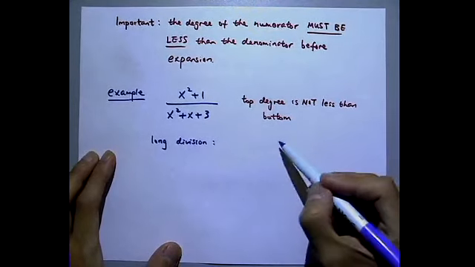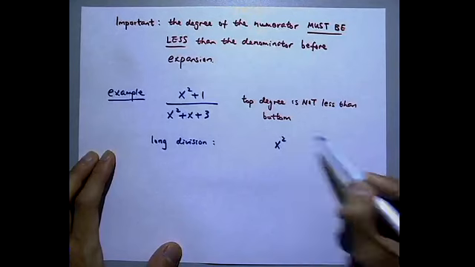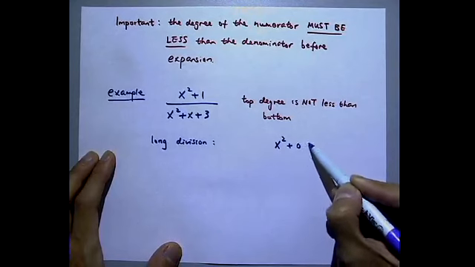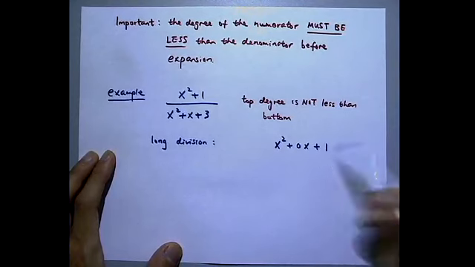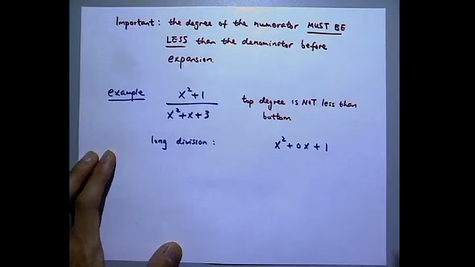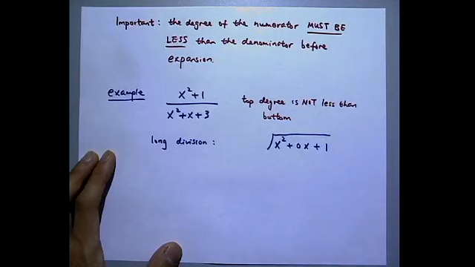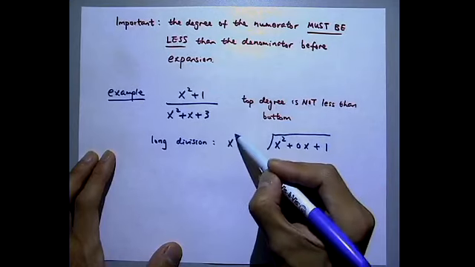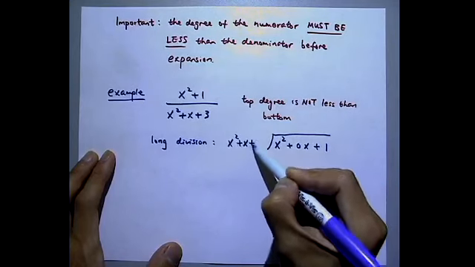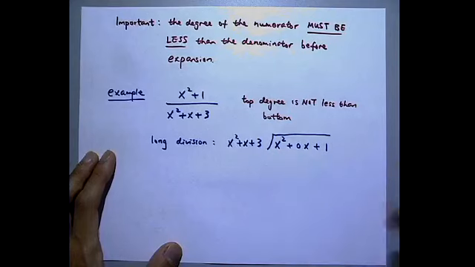Let me take the thing on the top. It's x squared plus 0x plus 1, right? And that thing is divided by x squared plus x plus 3.